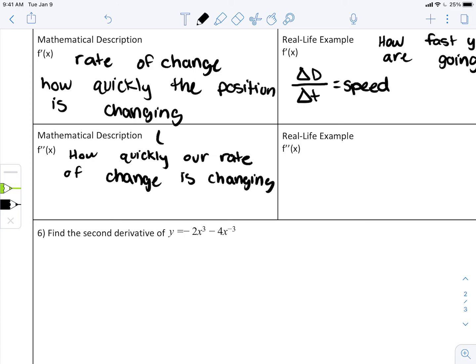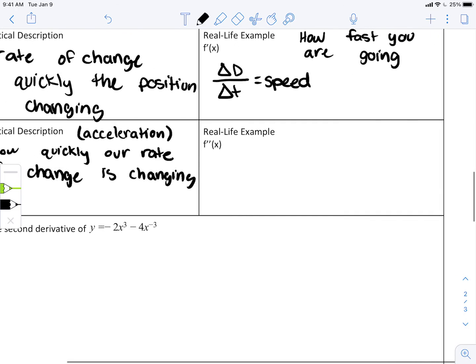And if you've ever taken physics, or maybe you have an inkling as to what this might represent, how quickly your rate of change is changing is going to represent how much you are accelerating or how much you're decelerating. So your acceleration. If you think about this in terms of a real life example, think about merging onto a highway.